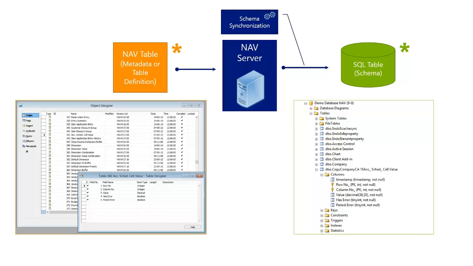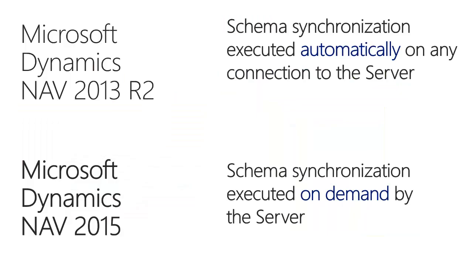What is new is that since NAV 2013 R2, schema synchronization is running on the NAV server and not directly on the development client anymore. In Microsoft Dynamics NAV 2013 R2, schema synchronization was designed to run automatically in the background and you would never have to worry about it. This was typically triggered by any connection to the NAV server.